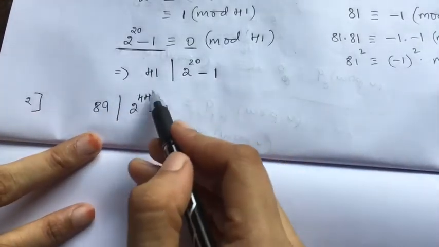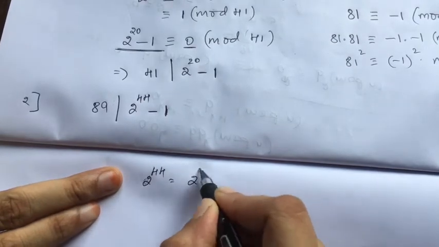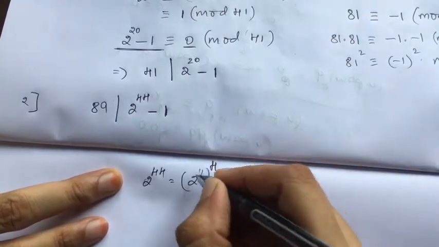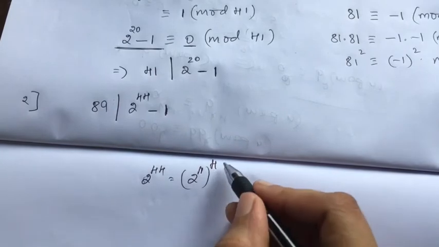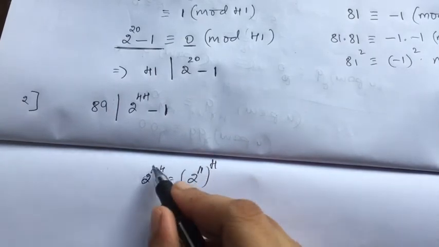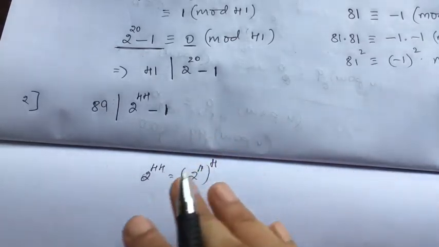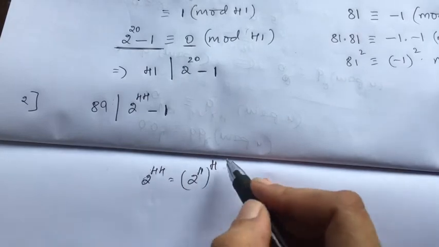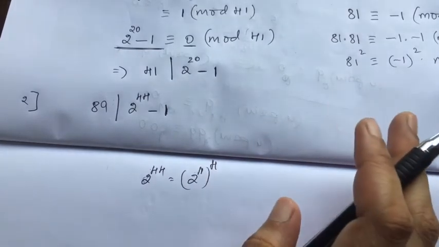See, 2 to the power 44, you can write it as 2 power 11 into 4. Now see, you cannot differentiate this 44. You cannot write this 44 in powers of 2 in different ways. See, you can write 22 into 2, but getting 2 to power 22 is quite difficult.